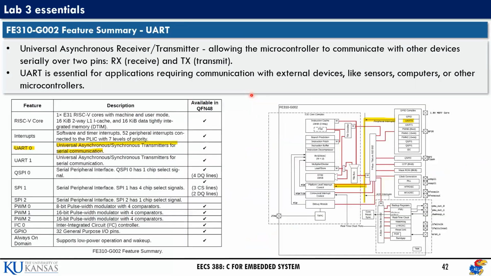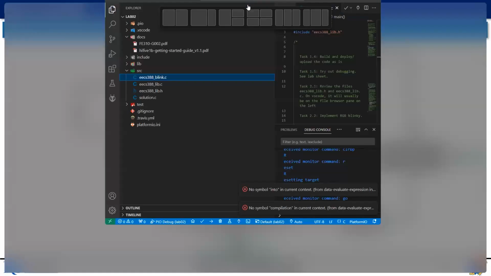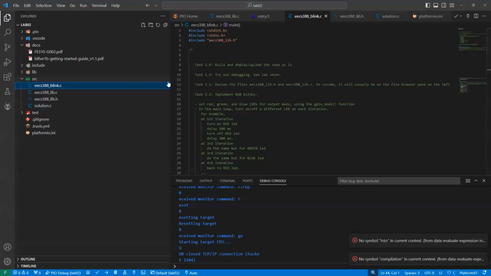So that was all for lab 2, but I want to show you some way we can observe this register's value in our Visual Studio Code. So let's open my Visual Studio Code. Here you can see in Visual Studio, I have opened my lab 2.